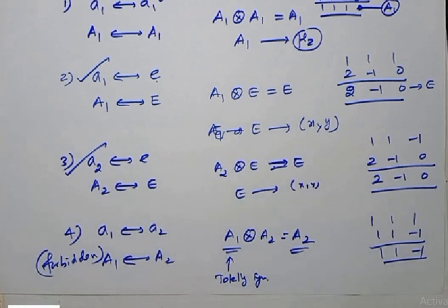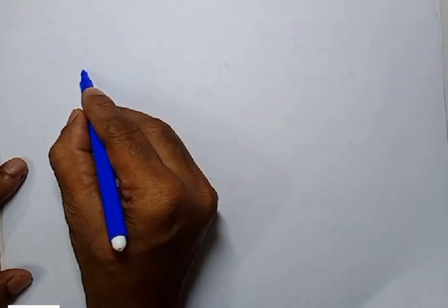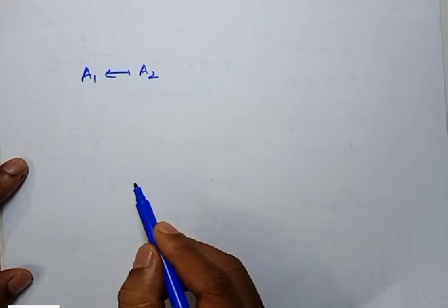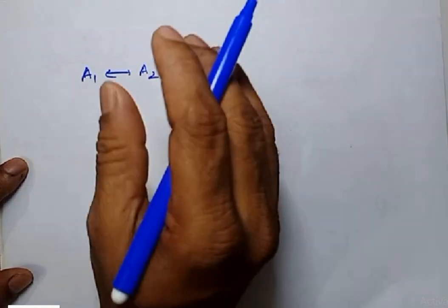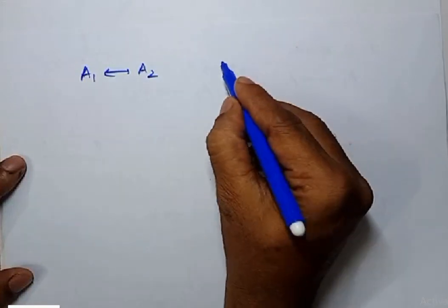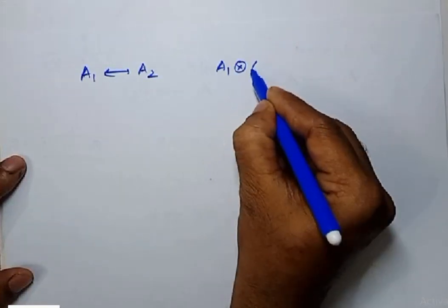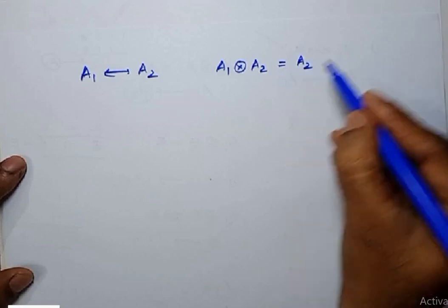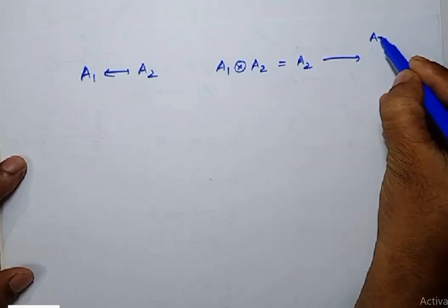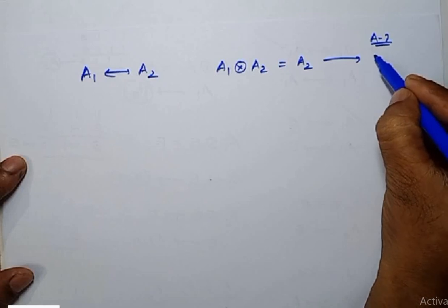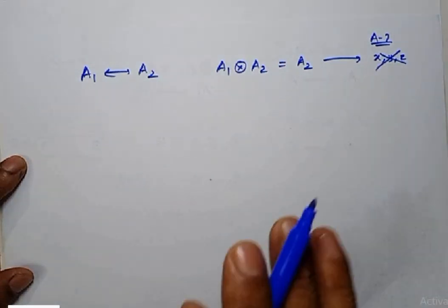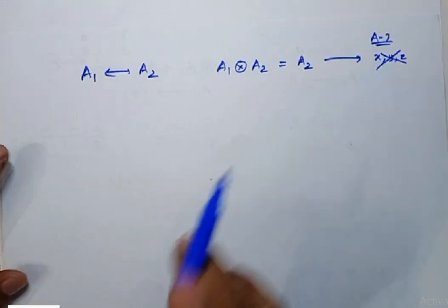Take down. Important. In this case, we found out that A1 to A2 is allowed or not. We took the direct product of A1 and A2, which is equal to A2, and along A2, in area 3 of the character table, there is no X, no Y, no Z, nothing. So, we said that the transition is forbidden.